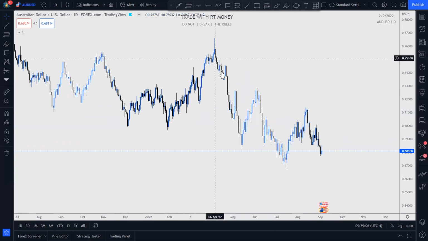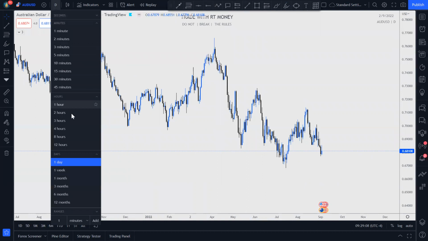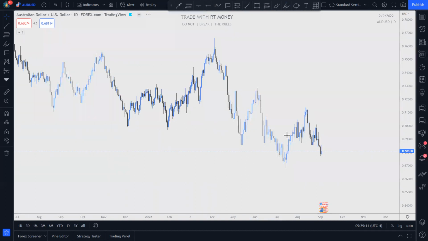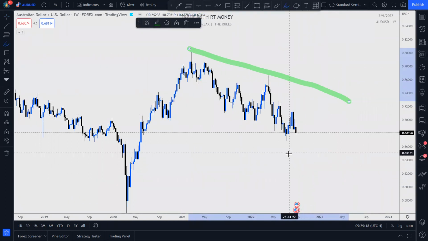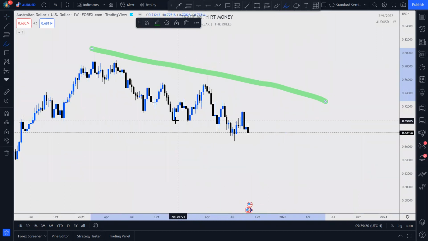Okay, so what do we see in the weekly? First thing I want you to see is the weekly, and I want you to see that downtrend. All right, easy to see. And you can see the lower low, lower high, lower low, lower high. We came back into premium.